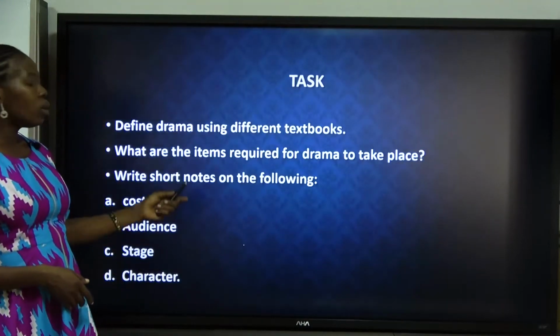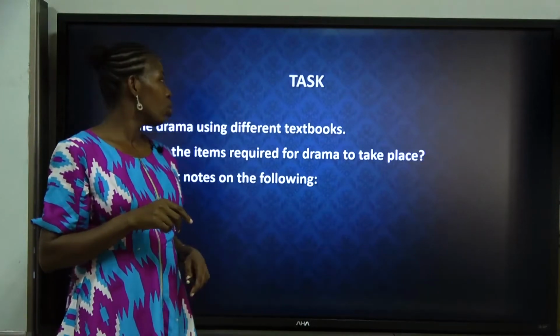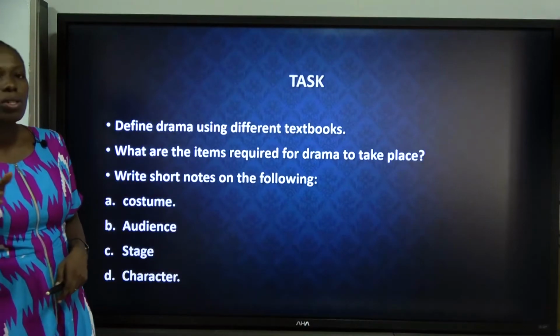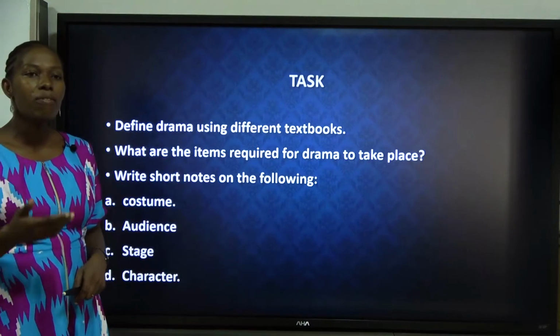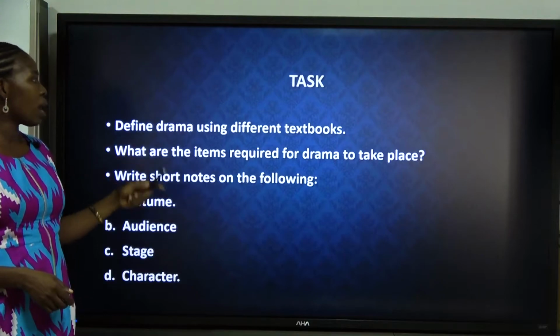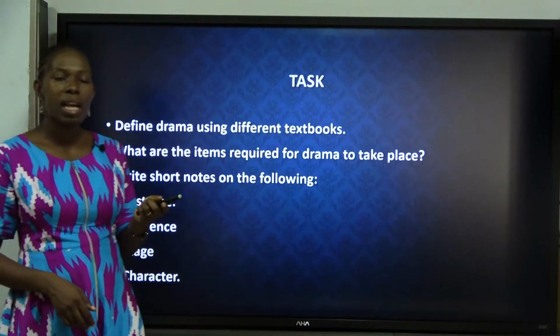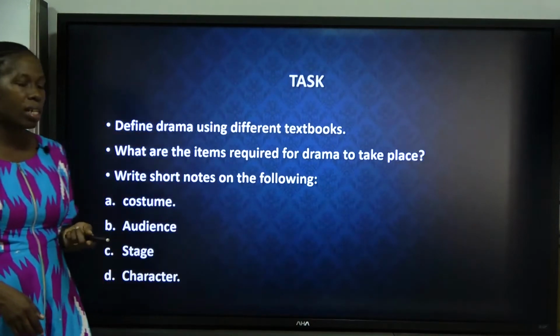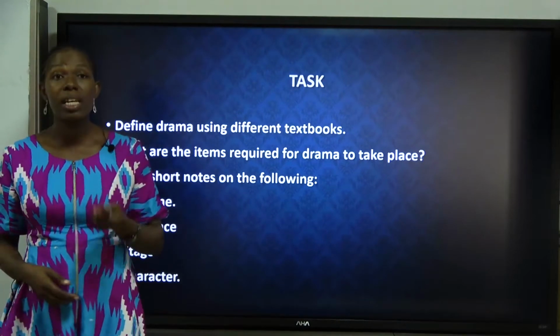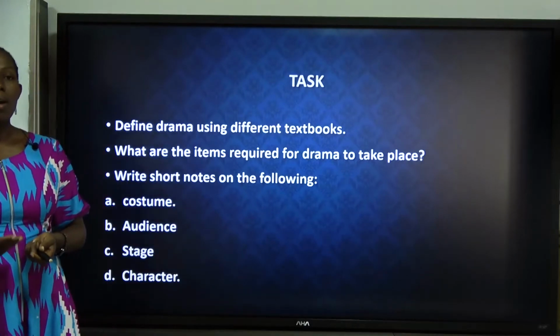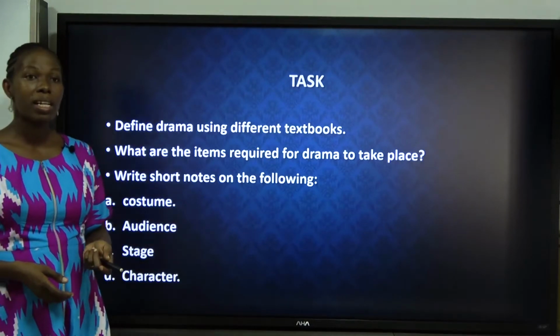Now, you have some tasks to do. You're going to use different textbooks. Look for textbooks. You can even check the internet and find out different meanings of drama. Check how different books are explaining the concept drama. And also, what are the items required for drama to take place? What items are required for drama to take place? Find out.